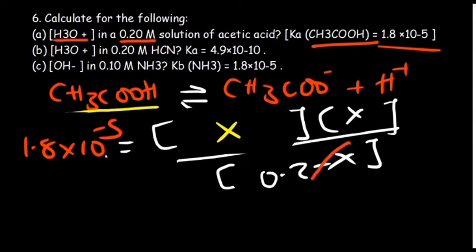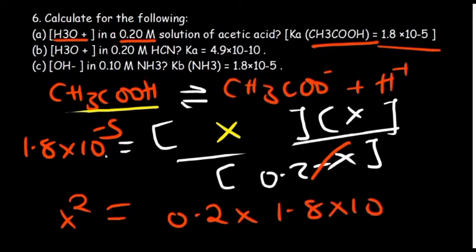So we'll cancel the minus x there. If you try it out, you are going to find the same solution. To save on time, we just cancel it out. So x multiplied by x is x squared. We now have 0.2 multiplied with 1.8 by 10 to the power negative 5, so all we've done is multiply that part with this part down there.